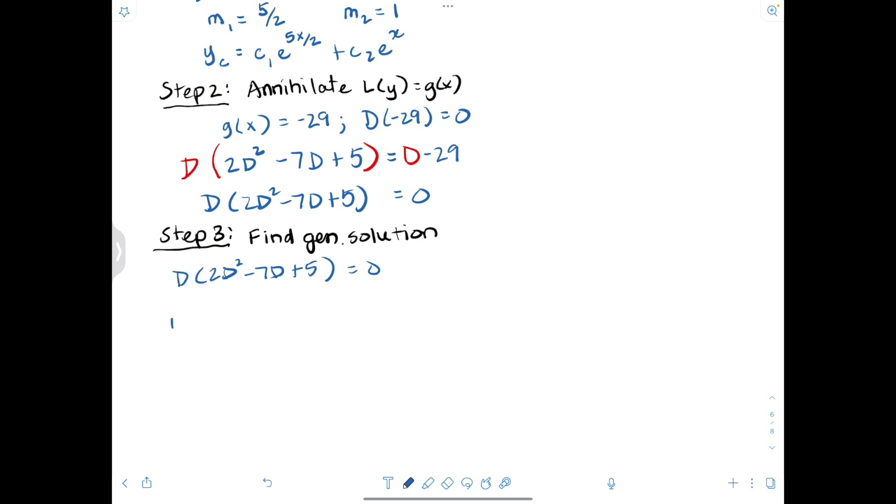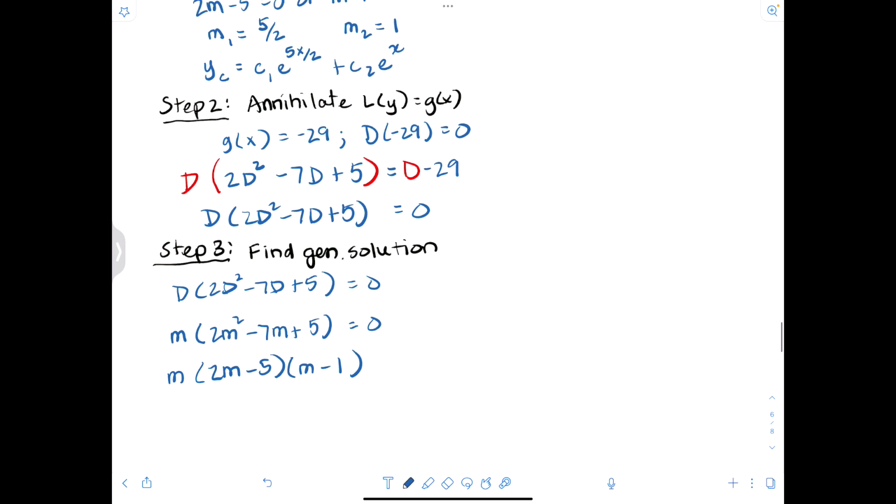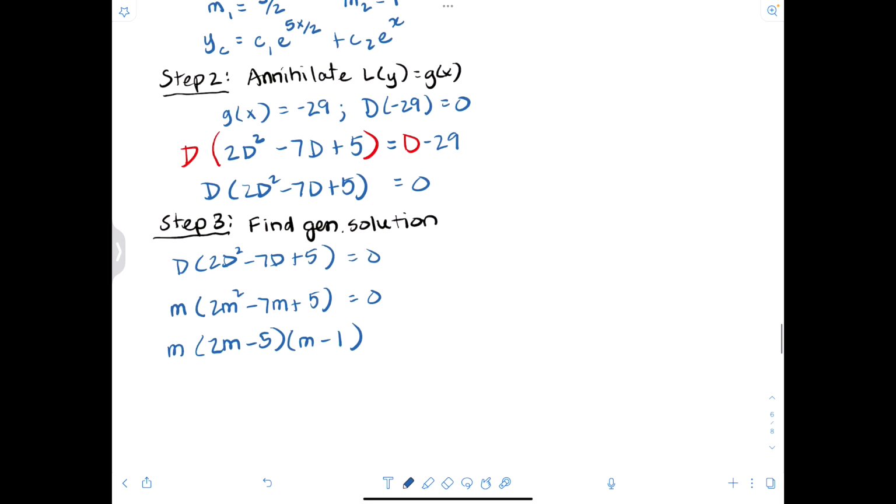But remember, we can write this in terms of m. And we already factored that one, from step 1.